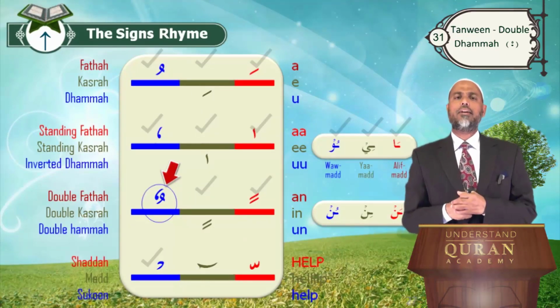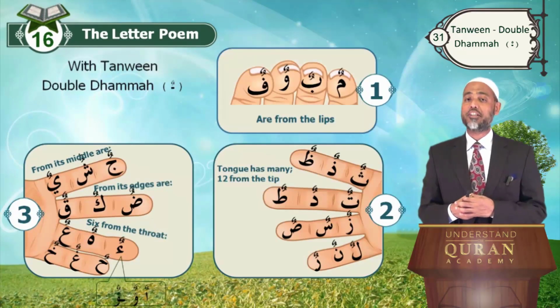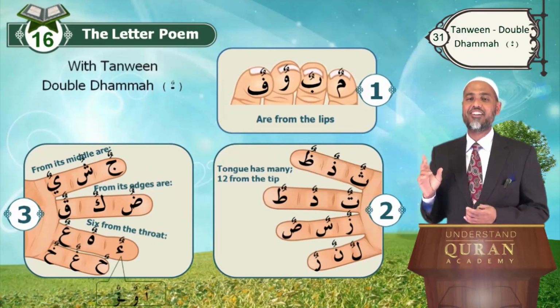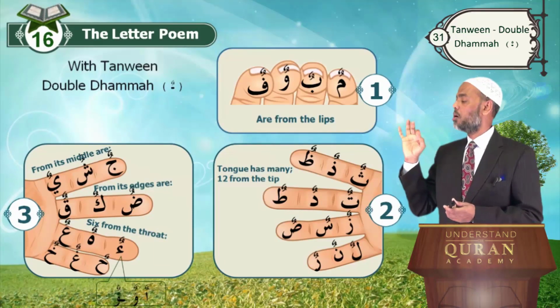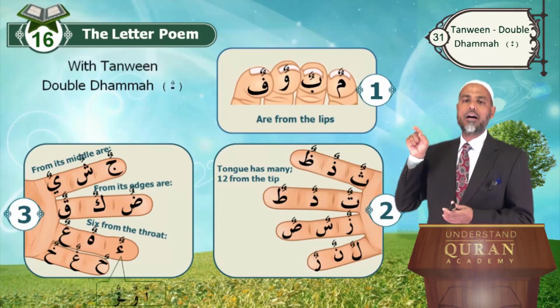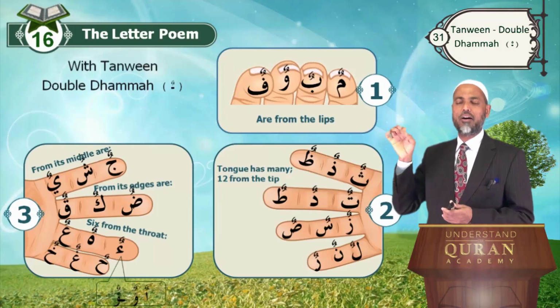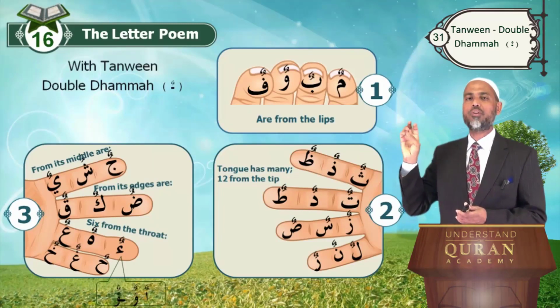Okay, let us recite our poem with double dhamma on all the letters. With lip letters we have mun, bun, wun, fun. That is when we place double dhamma on the lip letters, what will it become? Mun, bun, wun, fun.